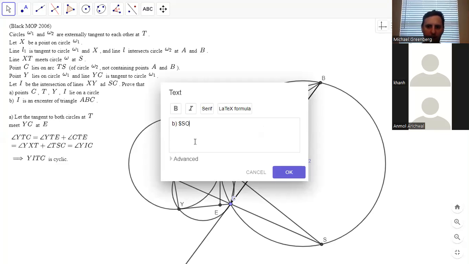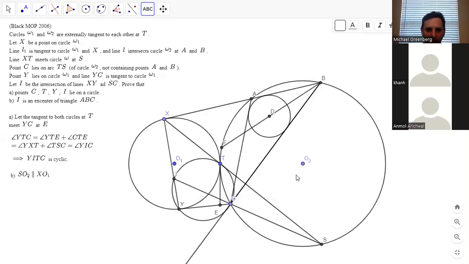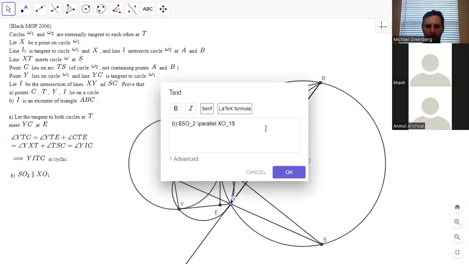So SO2 is parallel to XO1, and that implies that SO2 is perpendicular to AB, and that means that SA equals SB.